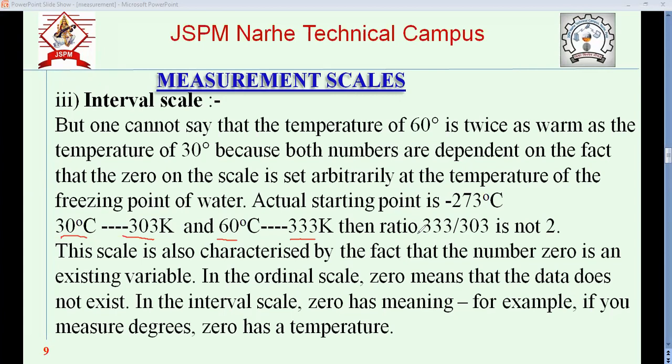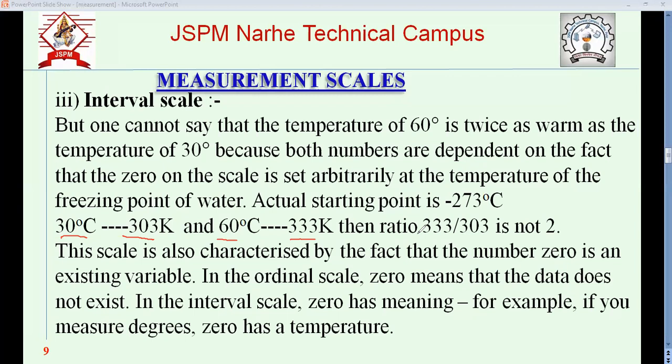So the scale is also characterized by the fact that the number 0 is an existing value. In the ordinal scale, 0 means that data does not exist. In the interval scale, 0 has meaning. In the interval scale, 0 degrees Celsius can be a value.